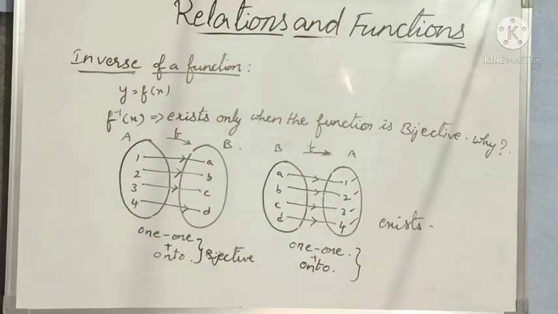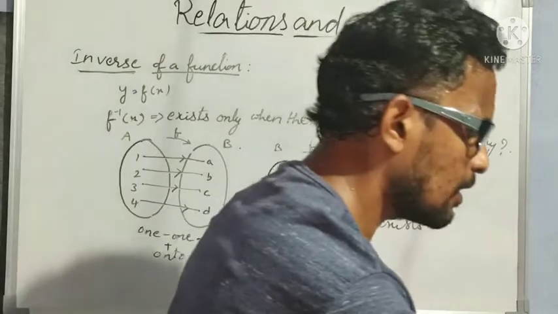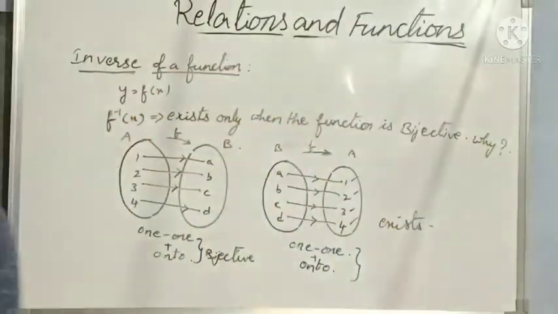Understood? Suppose the function is not bijective, then why the inverse does not exist, that also we will see.